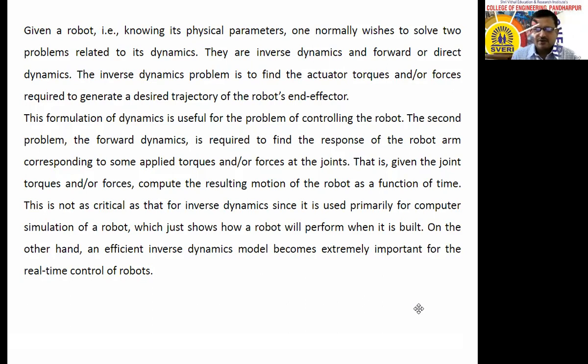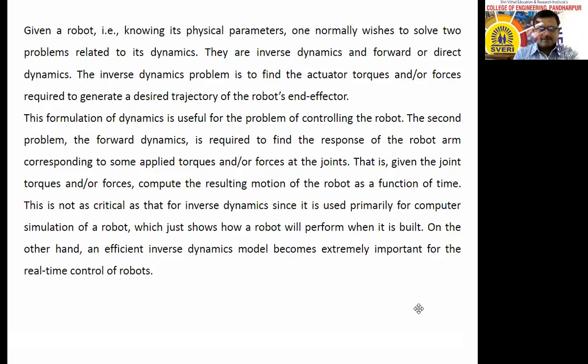They are inverse dynamics and forward or direct dynamics. The inverse dynamics problem is to find the actuator torques and/or forces required to generate a desired trajectory of the robot's end effector. The formulation of dynamics is useful for the problem of controlling the robot.